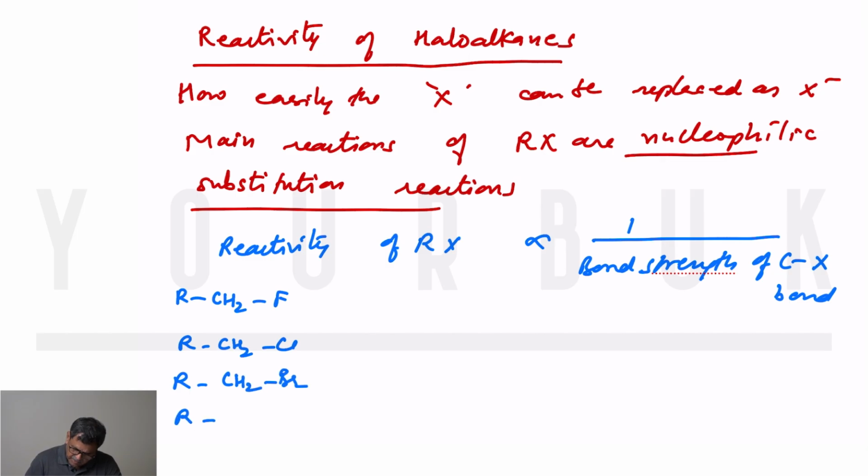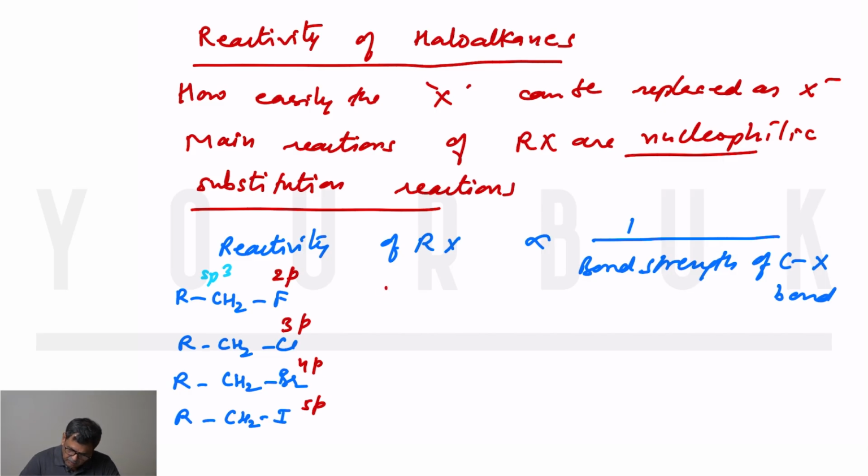and this is iodine. In all these, the carbon is the same, sp3 hybridized, but the size of the halogen changes from fluorine to iodine. Fluorine is from the second period, using 2p orbital; chlorine is using 3p, then 4p and 5p. So the extent of overlapping decreases.